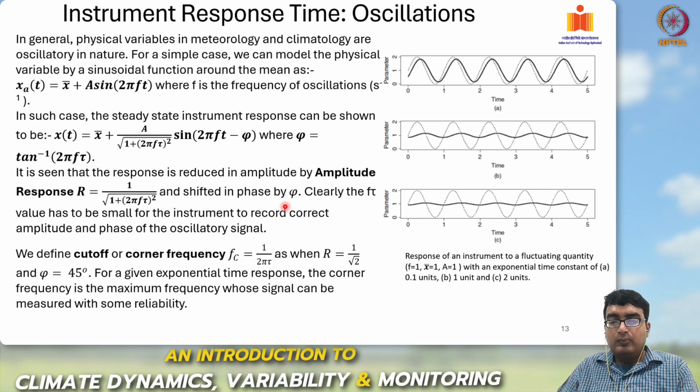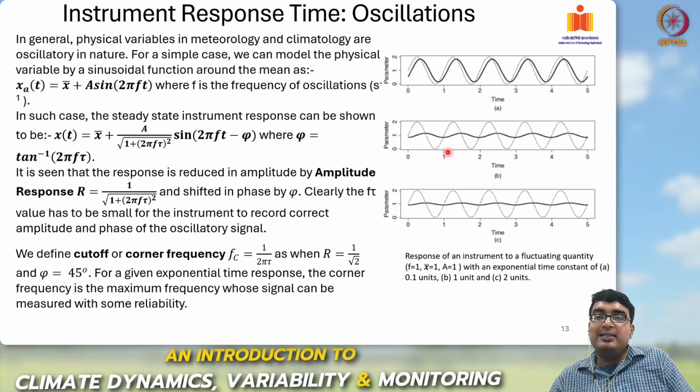If the corner frequency is greater than f, then we do not have a problem. However, if it is less than f, then we do have a problem, and the instrument will not be recording the values properly. And this you can see here in this figure.